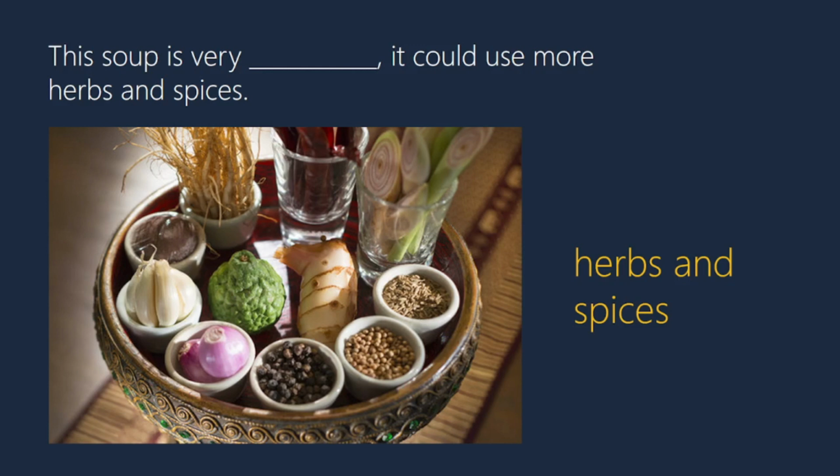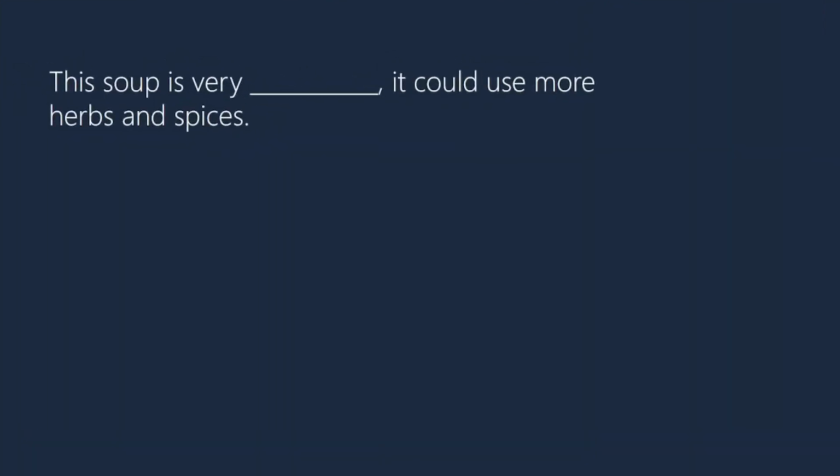Spices are the same. They're made of different dried leaves, roots, and fruits to flavor our food. So we use herbs and spices in our food to have more flavor and taste.